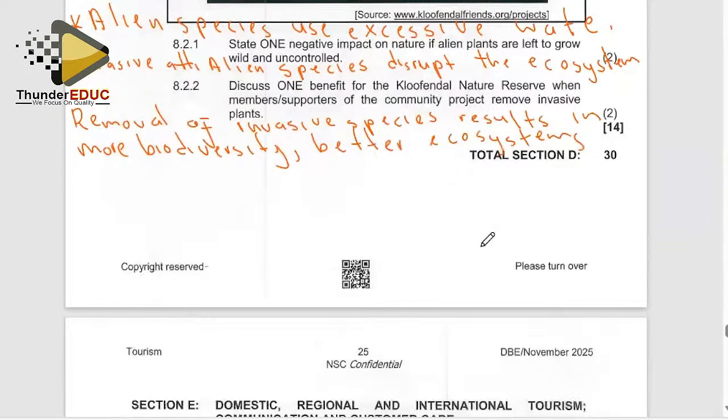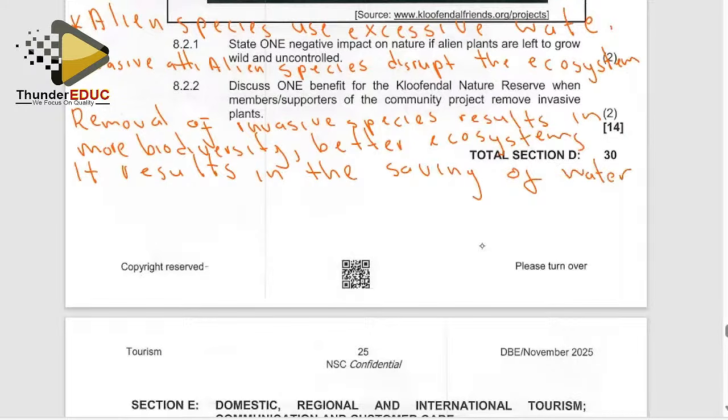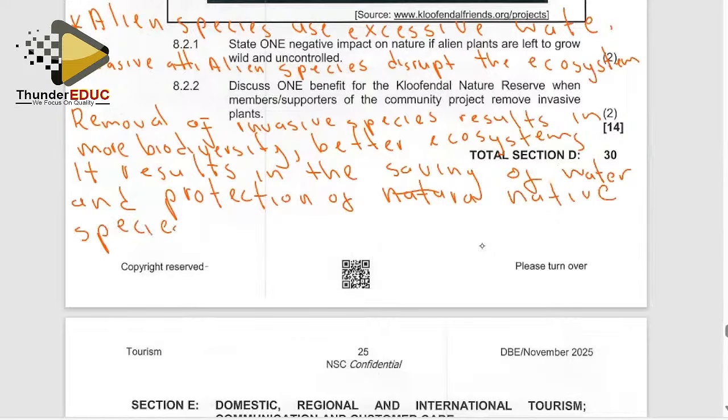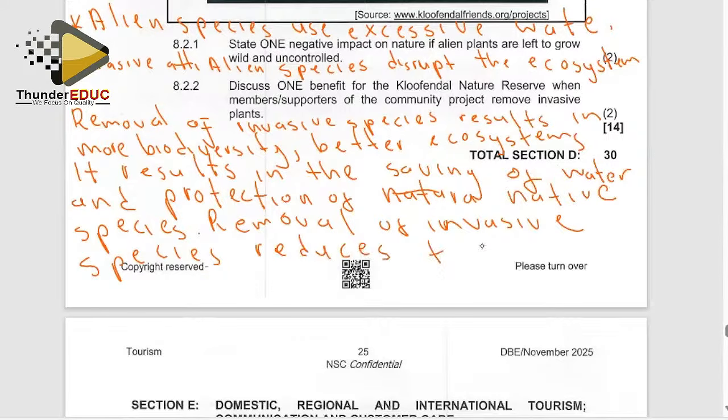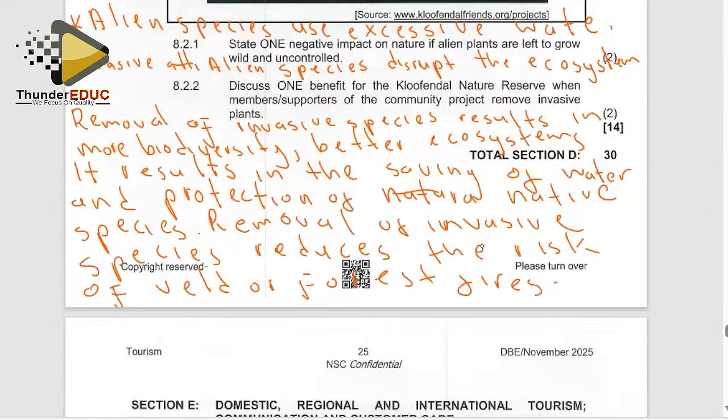It also results in the saving of water, and protection of natural or native plant species. Then, in addition to that, removal of invasive species reduces the risk of fires, of veld fires or forest fires.